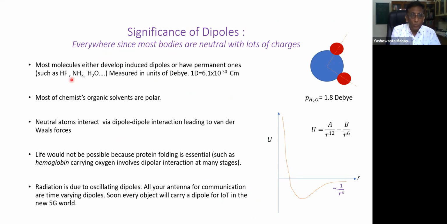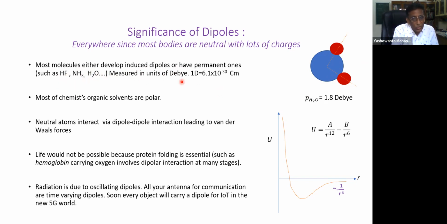Most molecules either develop induced dipoles, or are polar molecules, and you have probably calculated this dipole moment in your chemistry courses. So let's say water. I've given water as an example here, and typically the dipole moment is a very small quantity.